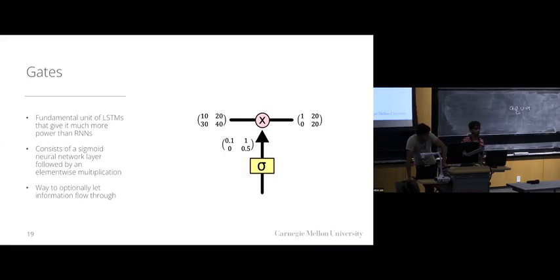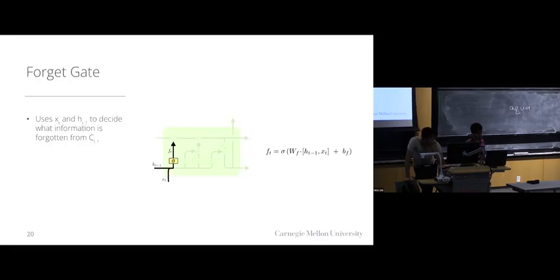And when you do an element-wise multiplication, you essentially either forget the value if your sigmoid gives you 0, or you retain the value if you have a sigmoid value of 1. So this is essentially a way to get optional information flow. So you can either keep the memory that already exists, or you can erase it. Does this make sense?